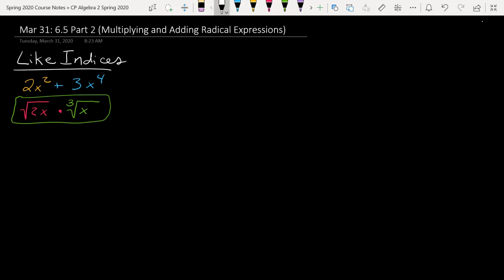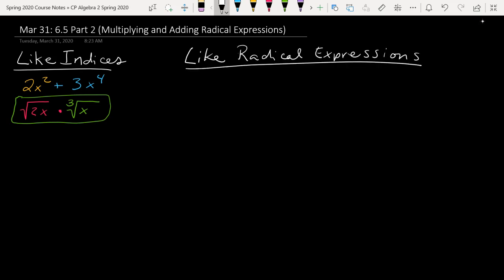In the case of addition and subtraction, we actually want to go one level deeper and talk about not just like indices, but totally like radical expressions. And radical expressions are only alike if they have the same indices and the same radicand. This subtraction problem contains like radical expressions.